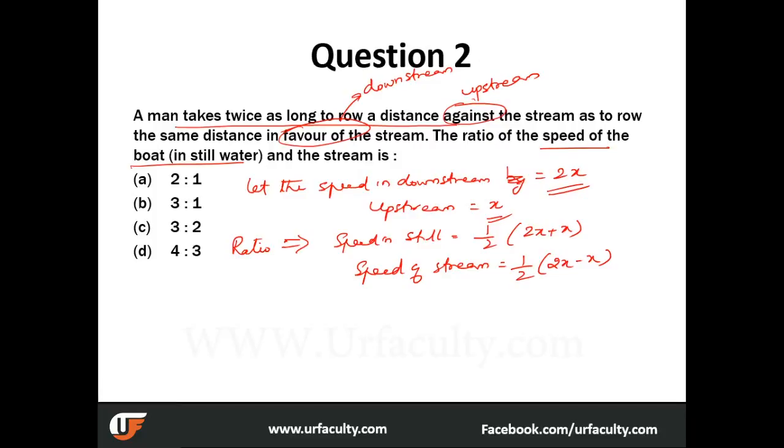So we just need to take the ratios of both of these, half into 2x plus x by half into 2x minus x. So what are we left with? We are left with 3x by, we'll cancel this out, 3x by x, which is equal to 3:1. And that's the answer for you.